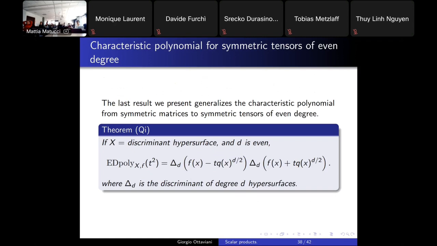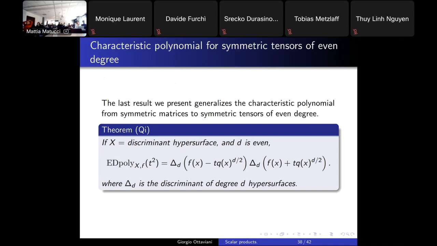Okay, this is a beautiful theorem by Lee and Ottaviani. It's maybe the only case beyond matrices where I know an explicit formula for the ED polynomial. It is the case when you compute the distance from the discriminant hypersurface for a polynomial of even degree, and you see it factors in this way.